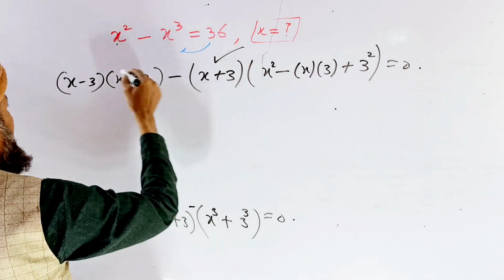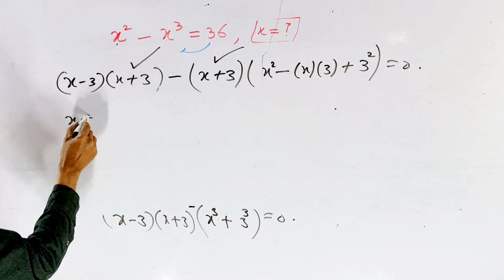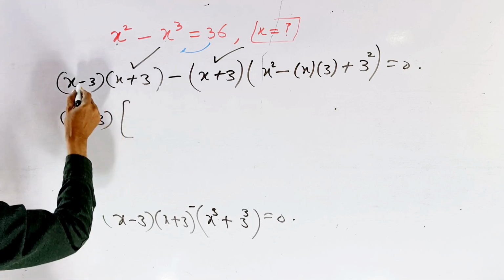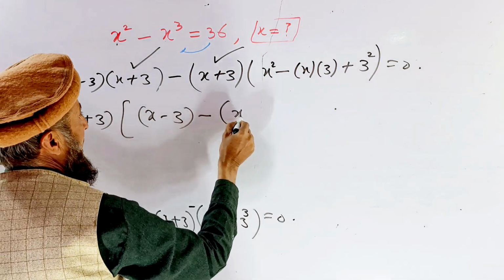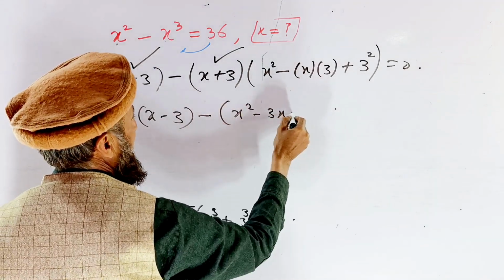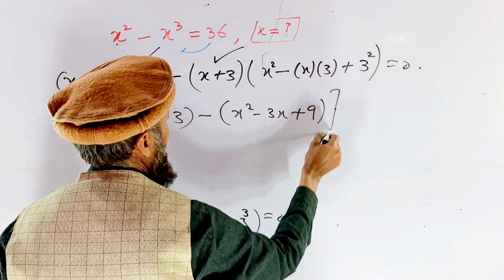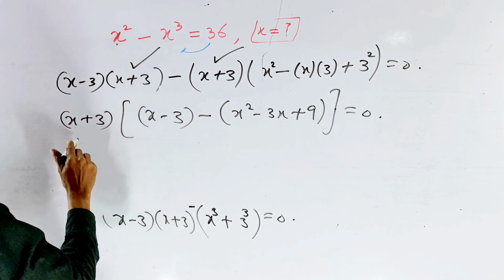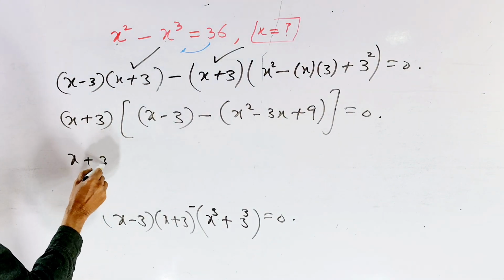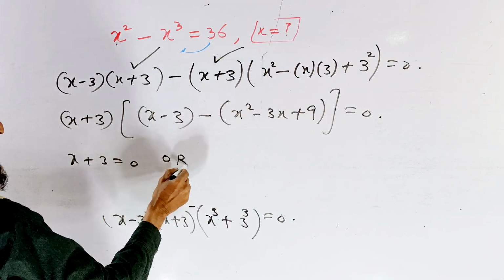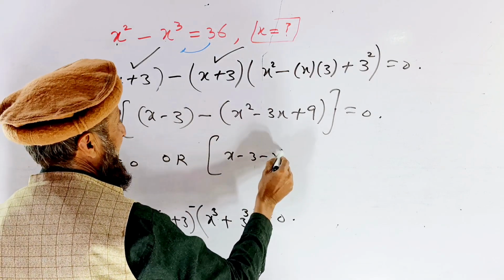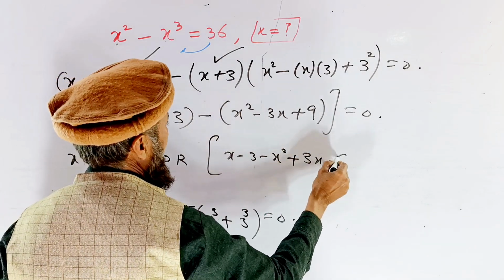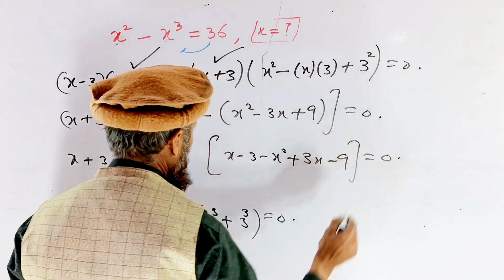So x plus 3 we are taking common from here, x plus 3 is common, and here x minus 3 is remaining, minus x square minus 3x plus 9, 3 square is 9, is equal to 0. It means that x plus 3 is equal to 0, or this term x minus 3 minus x square plus 3x minus 9 is equal to 0.